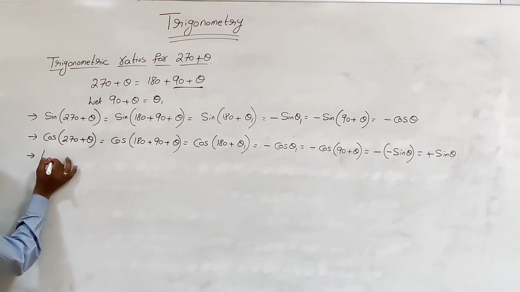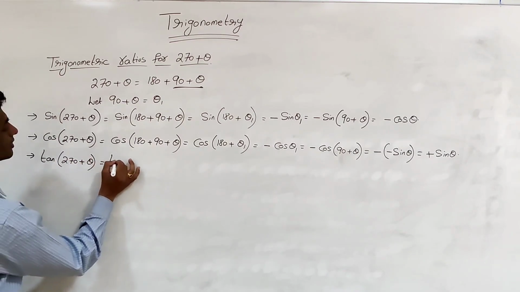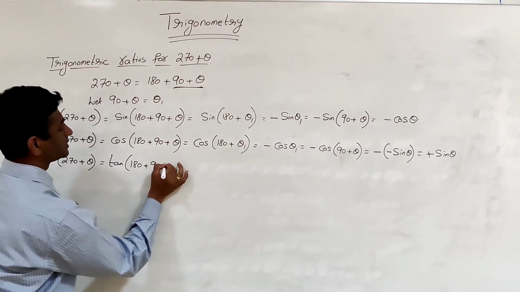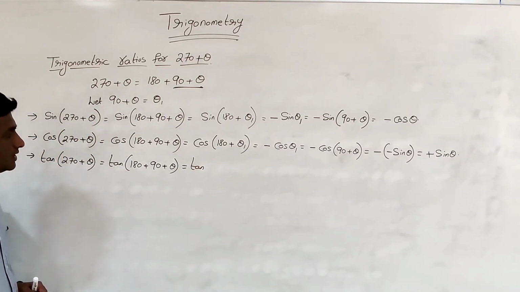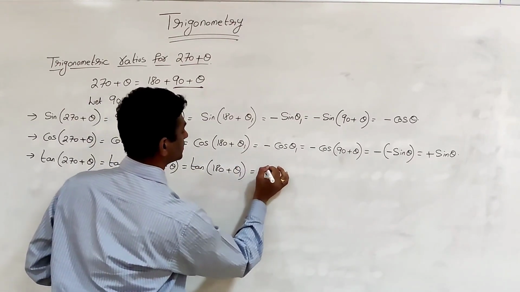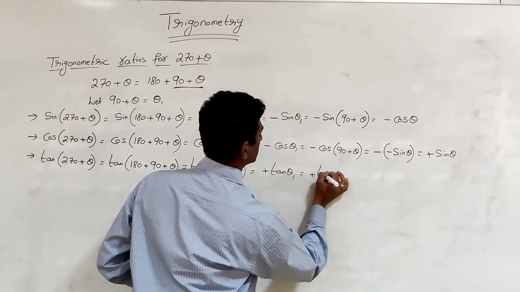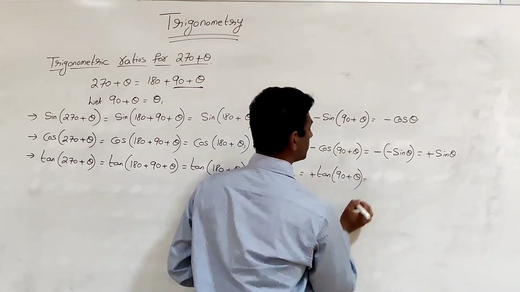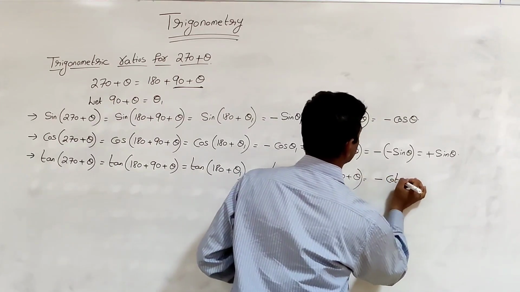Next, tan of 270 plus theta. So tan of 180 plus 90 plus theta. Tan of 180 plus theta 1 is plus tan theta 1. So tan of 90 plus theta. Tan of 90 plus theta is minus cot theta. So plus into minus becomes minus cot theta.